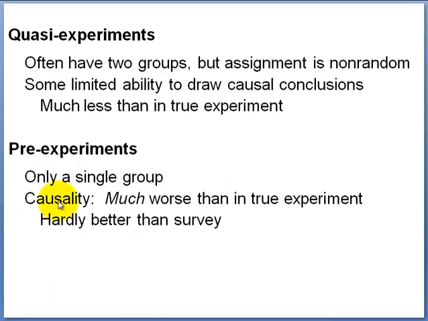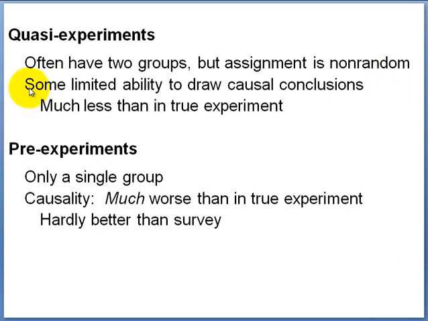And I am going to just very quickly mention two other types of experiments. I've mentioned the true experiment and really emphasized that. These are terms that perhaps are good ones to know as you move forward to your research methods course. Quasi-experiment. To give a rough definition, quasi-experiments very often have two groups, but assignment to groups is non-random.